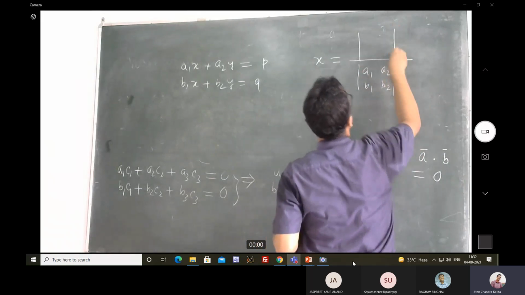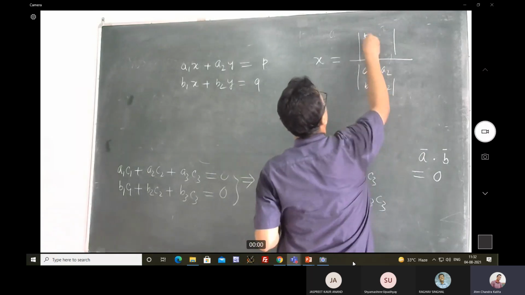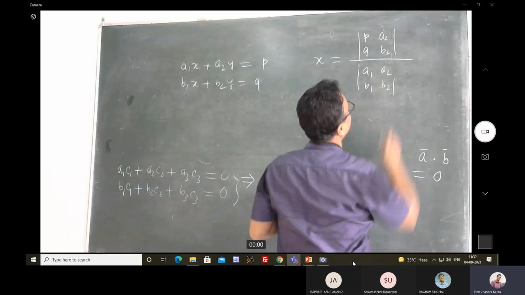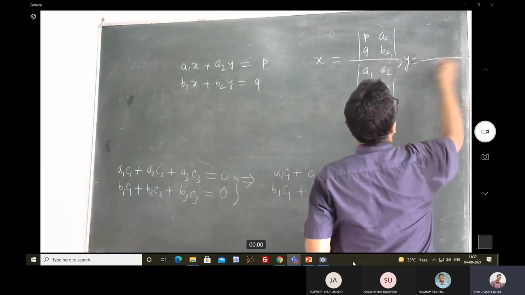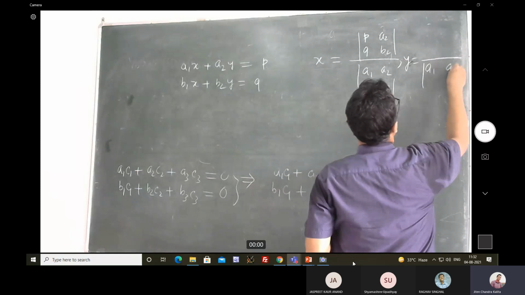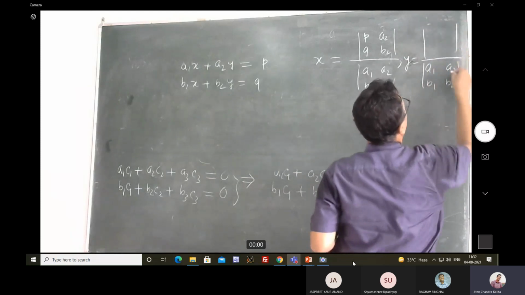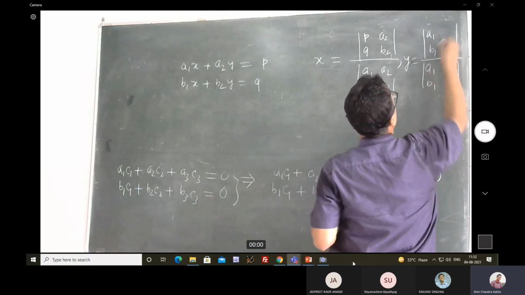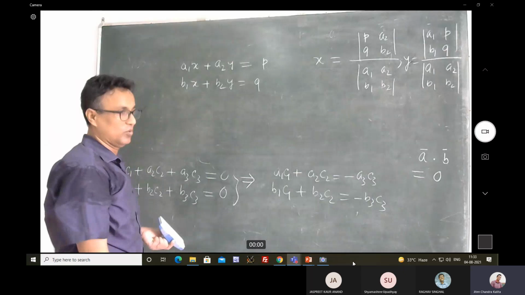Then x is the determinant with the first column replaced by P and Q, over the determinant of the coefficient matrix. Similarly, y is the determinant with the second column replaced by P and Q, over the same determinant. That is what Cramer's rule was.